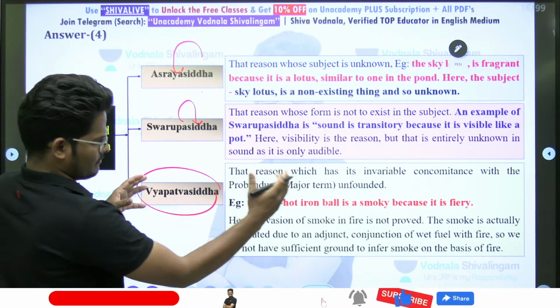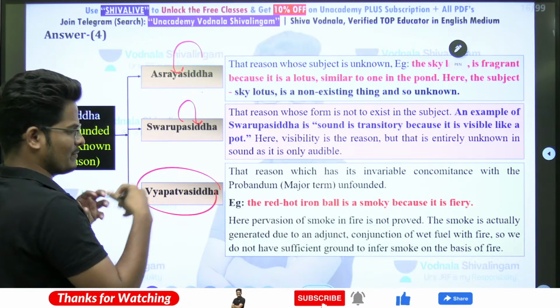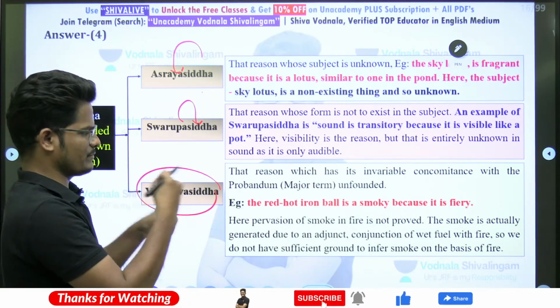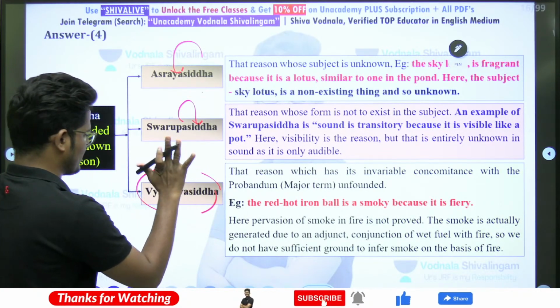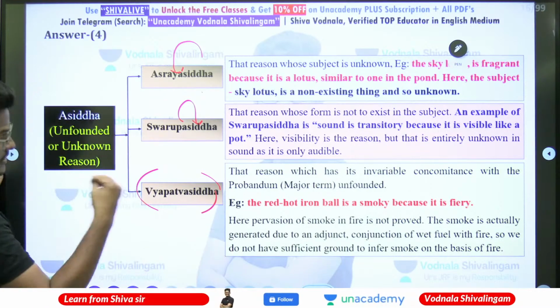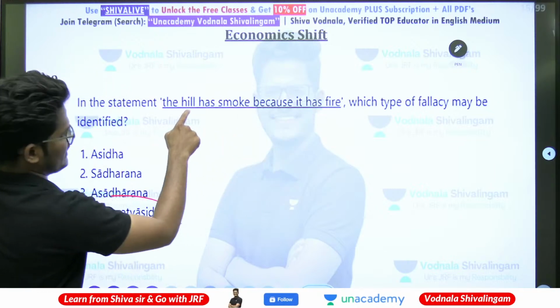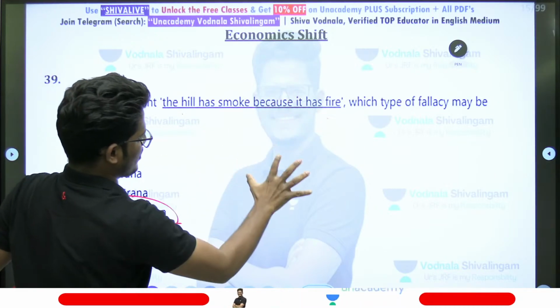When the major term and minor term do not have a proper relation, through mismatching or misplacing of the major and minor term, it comes under Vyapatva Siddha. Misplacing of a minor and major term comes under Vyapatva Siddha. Look at the hill has a smoke because it has a fire. Wrong.